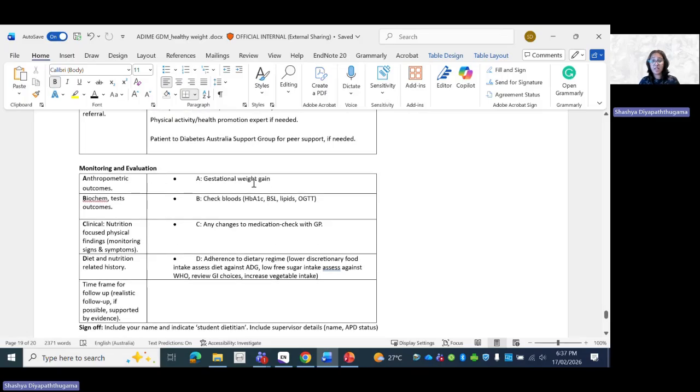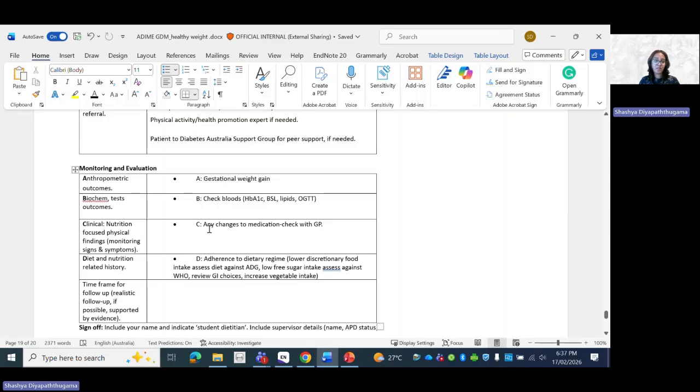Then for monitoring, we can keep monitoring the gestational weight gain. She is currently in the recommended levels, and her energy intake is not that extra, but still it is good to keep an eye on the gestational weight gain to see if she's exceeding the recommended range. And for blood checks, we can keep monitoring the blood HbA1c, or another oral glucose tolerance test.